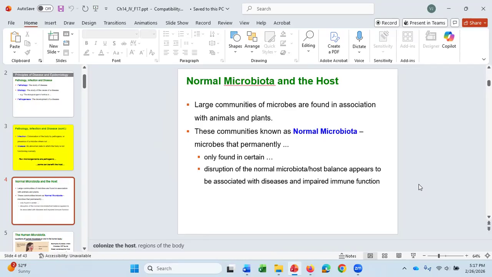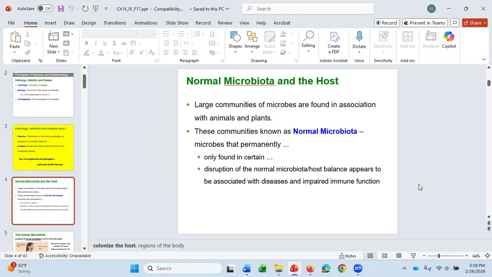However, cats have one, Bartonella henselae, which is a part of their normal microbiota, which is not a part of our normal microbiota. In fact, Bartonella henselae, when it gets on a human, it can cause disease. That disease is called cat scratch fever.